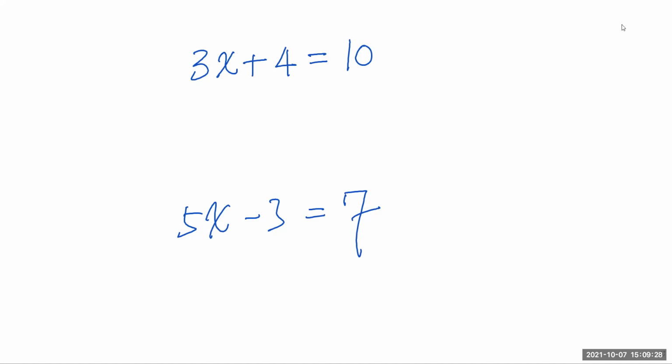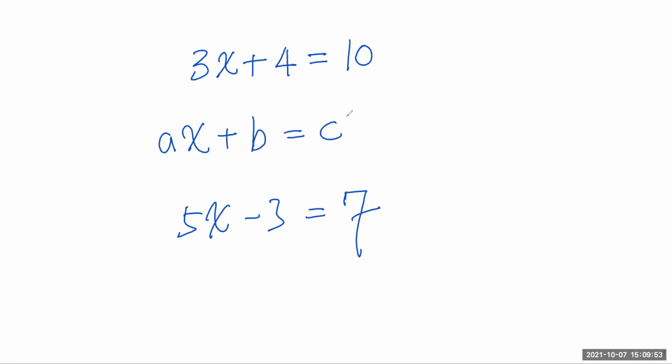And so algebra gives us a way to make that as efficient as we can by playing with symbols, because all those problems we can generalize as ax plus b equal to c, right?